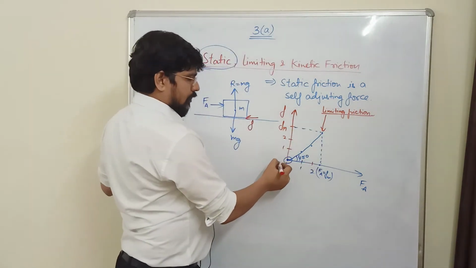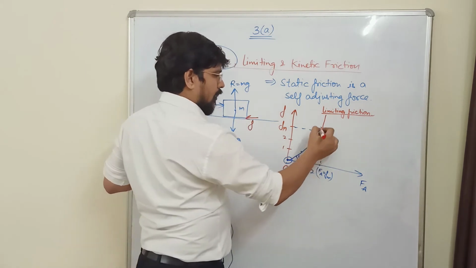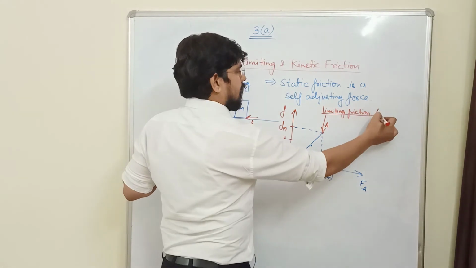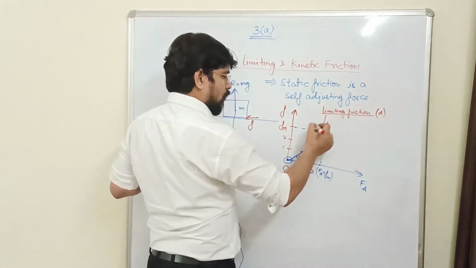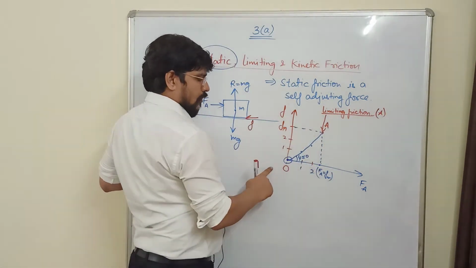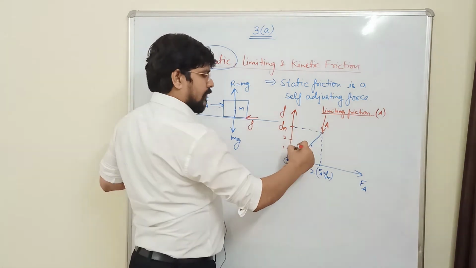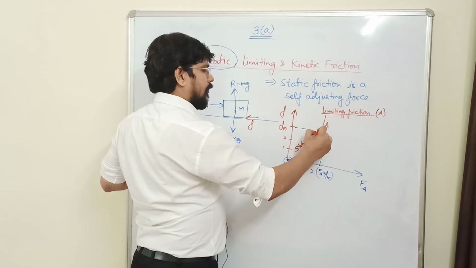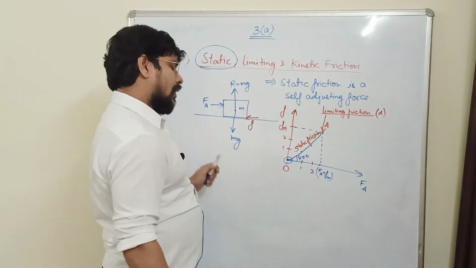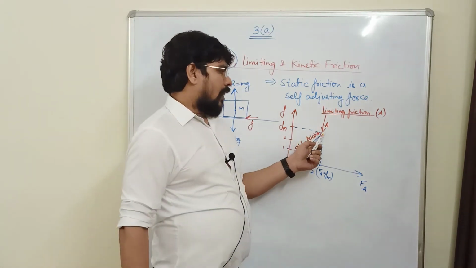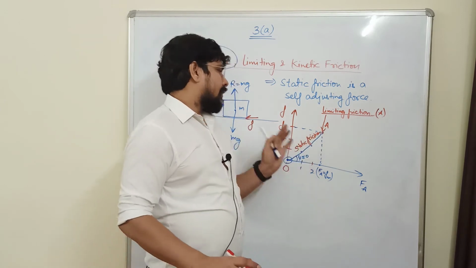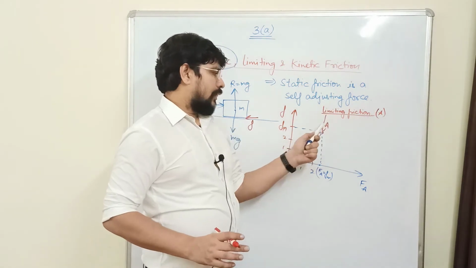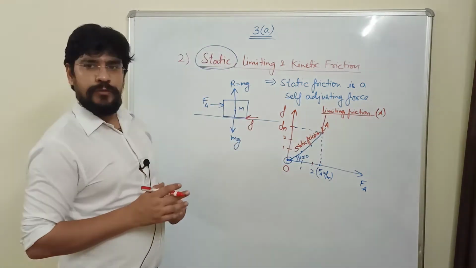If this starting point is O and this point is A, then point A is the limiting friction point, and O to A, not including A, is known as static friction. Static friction is a self-adjusting force, and it is there up to the point where the object is at rest, while point A itself is limiting friction, where the object is just on the verge of moving.